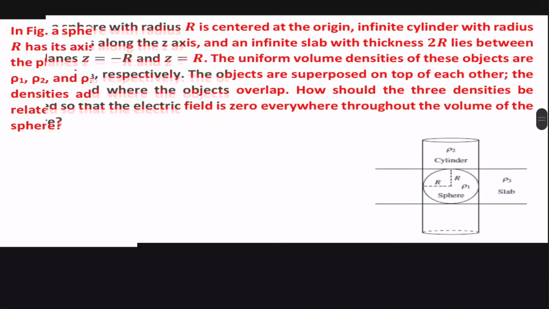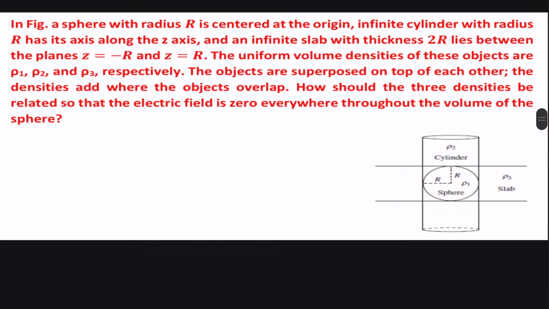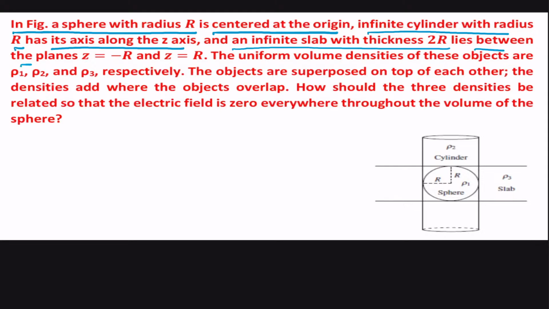In this case, it is asked that in a figure a sphere with radius r is centered at the origin. An infinite cylinder with radius capital R has its axis along the z axis, and an infinite slab with thickness 2r lies between the planes z equals minus r and z equals r.